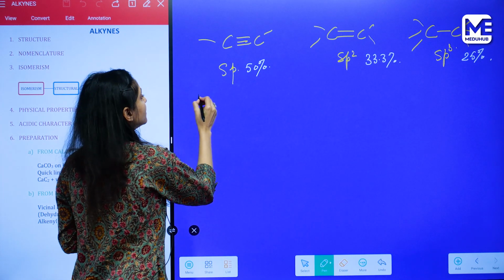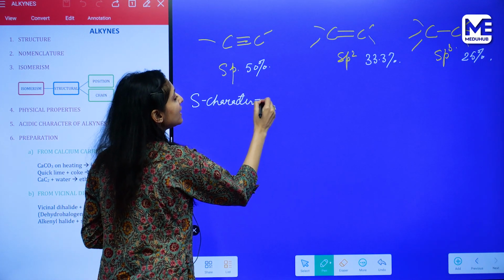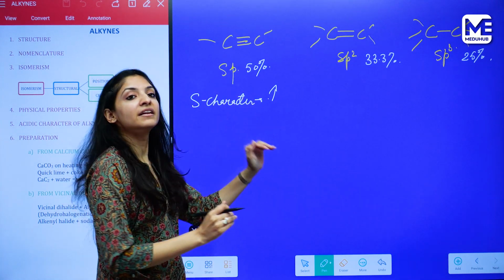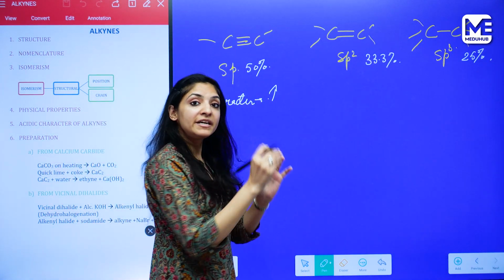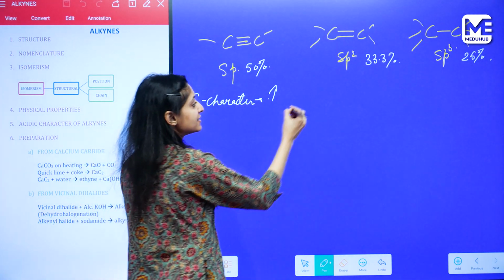The s character is the maximum in alkynes, and because the s character increases, the ability of the nucleus to pull the electrons towards itself increases.